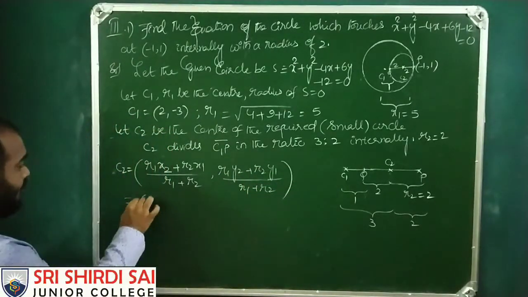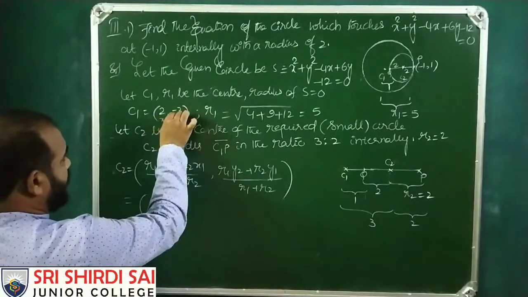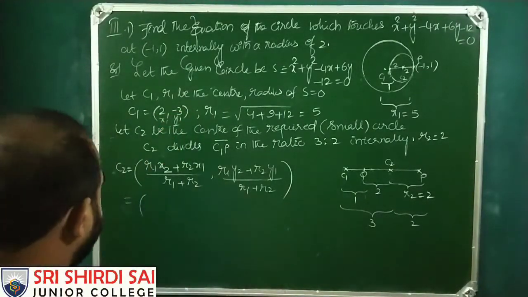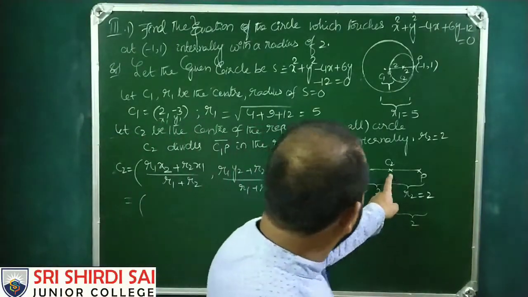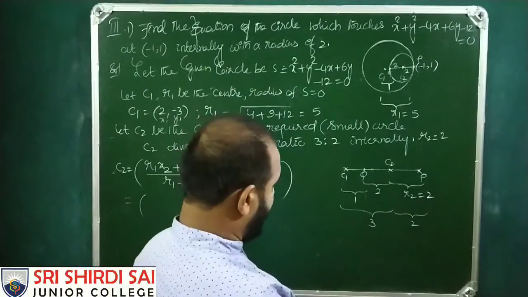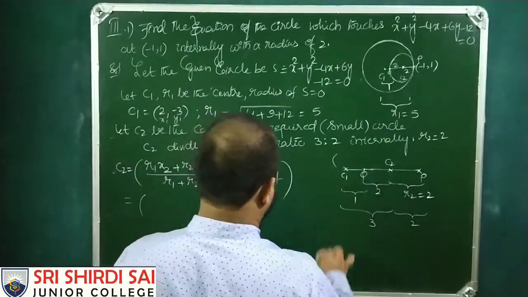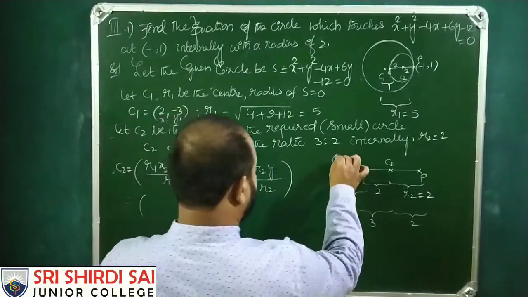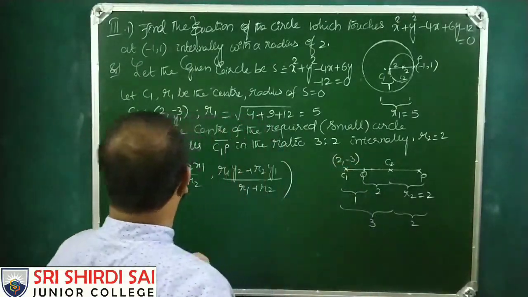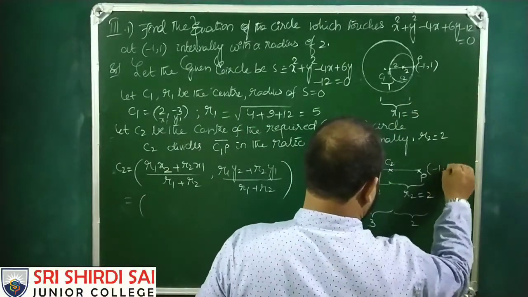Now simply we substitute everything. This is x1, y1, and this C2 which we don't know, we are getting after some time. So this C1 value is (2, -3) and P value is (-1, 1).